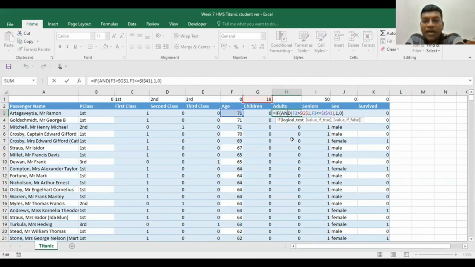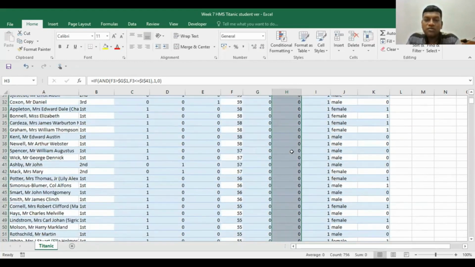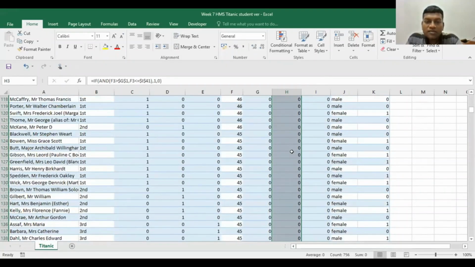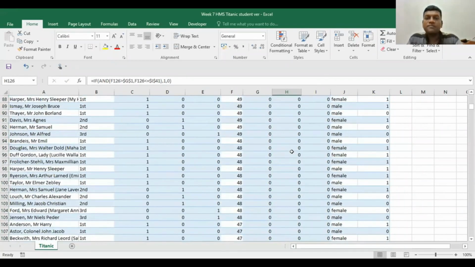If that is true, and second criteria, that is F3 is less than I41, that is the value 50, then I need a 1, else I need a 0. If both these conditions are satisfied, I need a 1, else I need a 0. So that is what I'm trying to tell Excel to do. But somewhere there is an issue. I don't understand why it is not picking. It should have been 1 here.